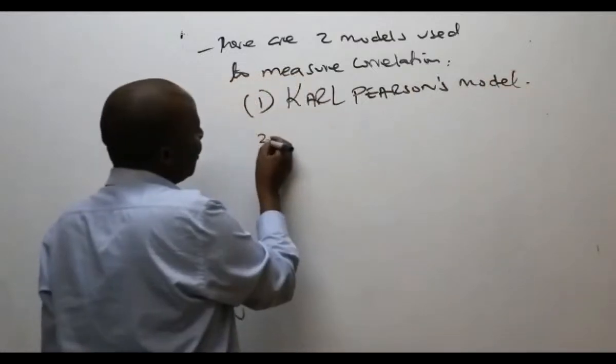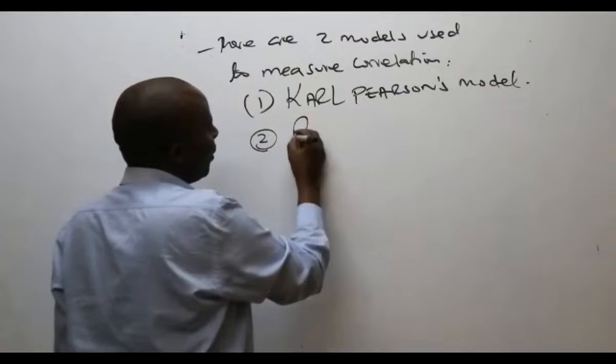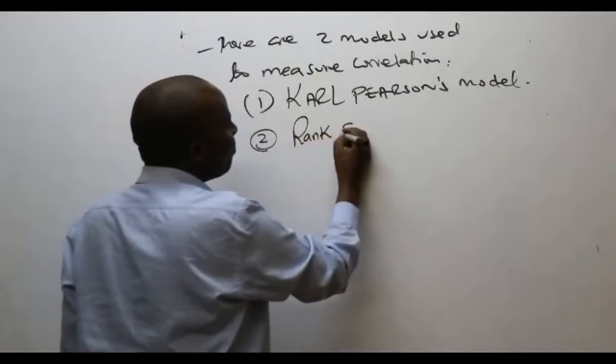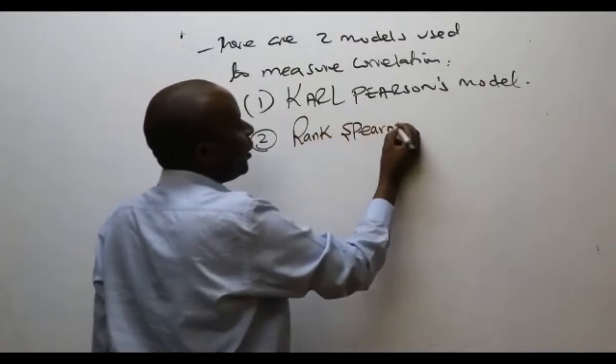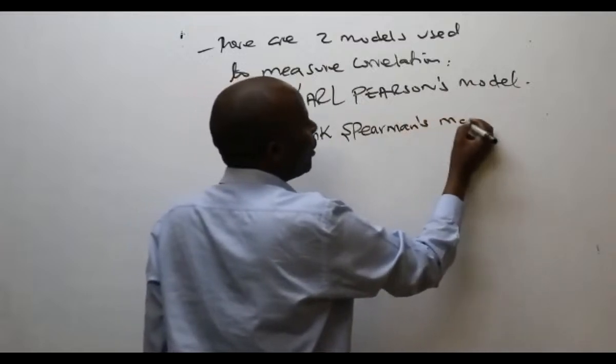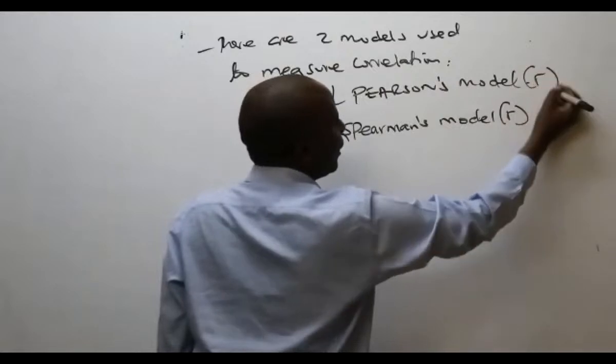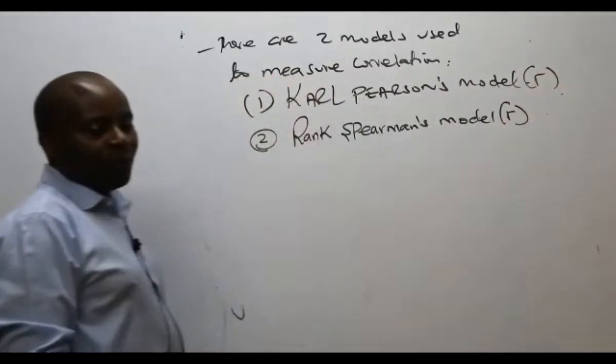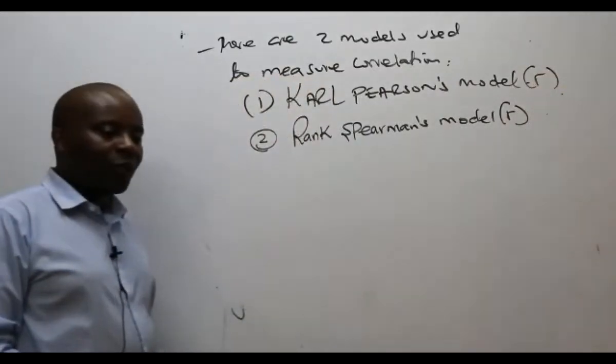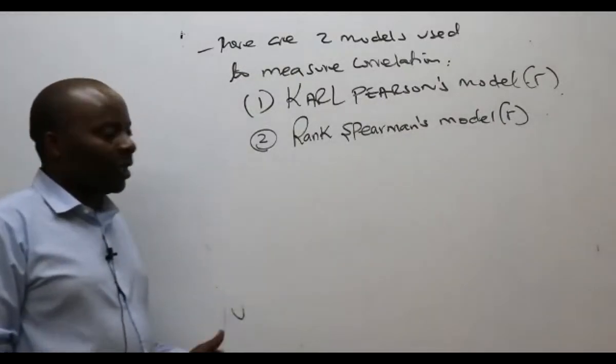And then number two, we have the Rank-Spearman's model. Both of them are denoted with R.